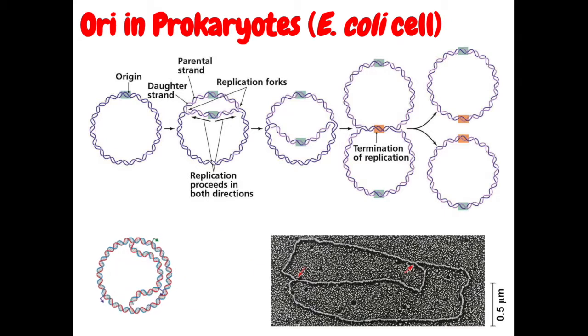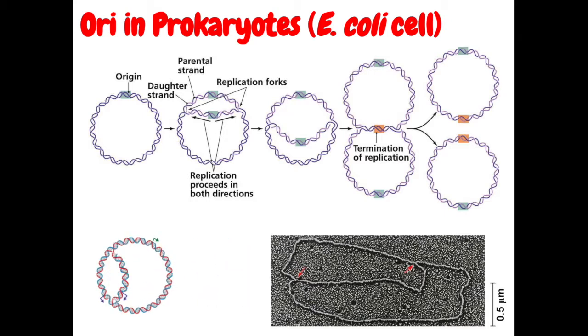And since they only have one origin of replication, replication is going to move in both directions from that one origin, similar to how replication is going to happen in eukaryotes.